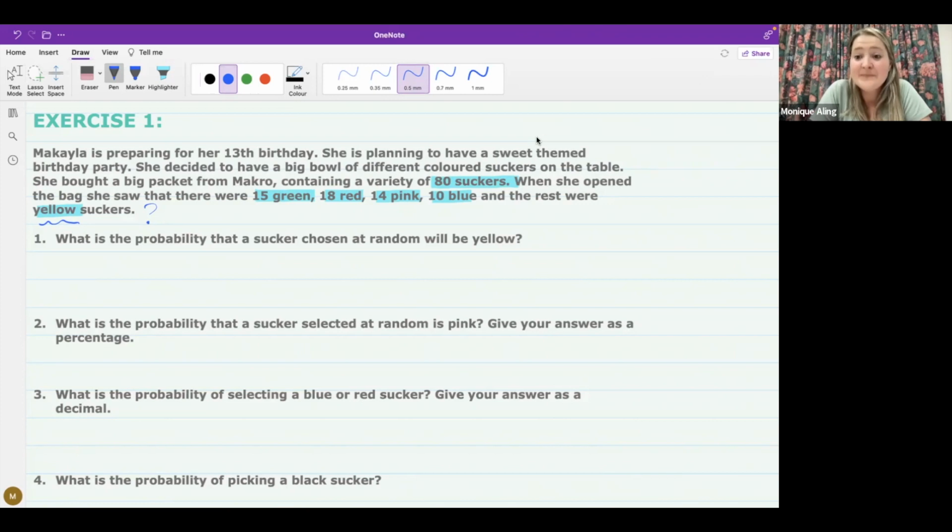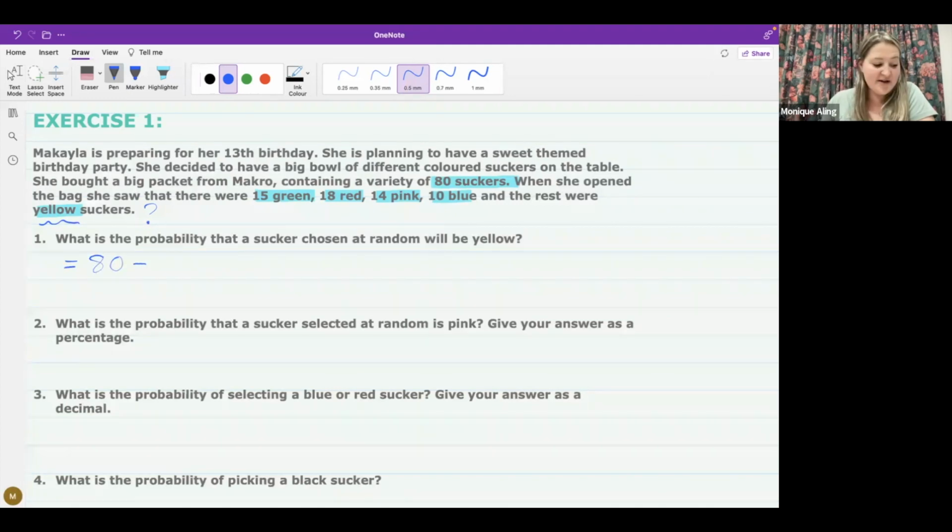So what I did, I added all the colors. Isn't it 80 in total? Yes. So I took that amount that I got from adding all the colors and then I subtracted from the 80 suckers. Okay, cool.